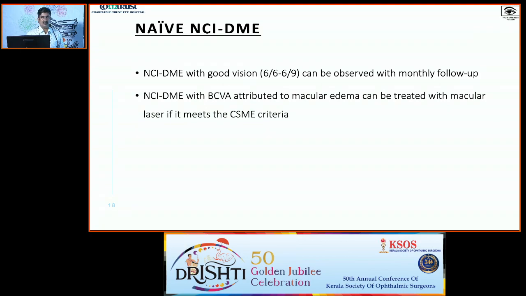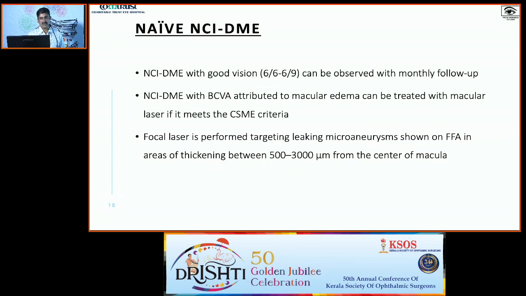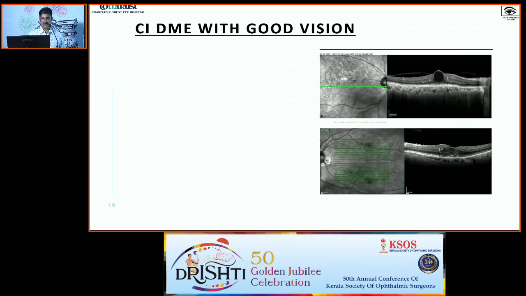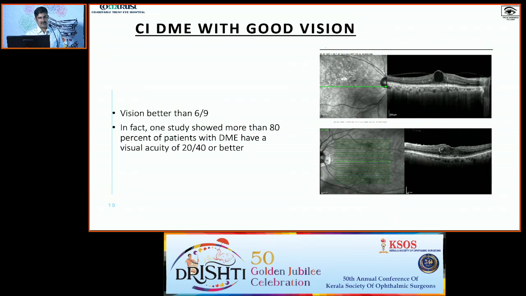If the vision is affected to some extent, but better than 6/9, and if you feel this is due to the macular edema, and the macular edema meets the CSME criteria, then you can do a focal laser to the microaneurysms which are within 500 to 3000 microns from the center of the fovea. Don't do a grid laser, always do a focal laser to these microaneurysms. This is a very common scenario. Actually, one study showed that about 80% of the patients have 6/12 or better vision, even though they have center involving DME.